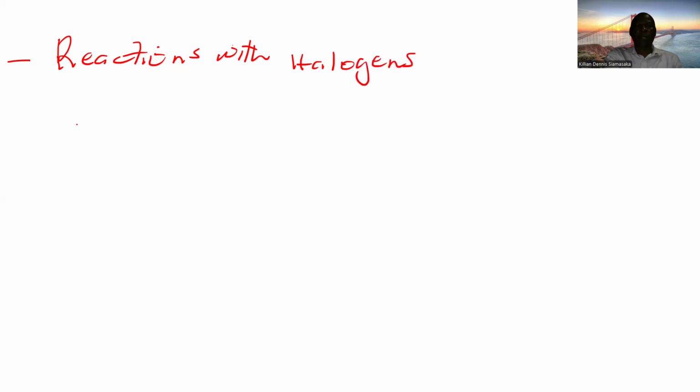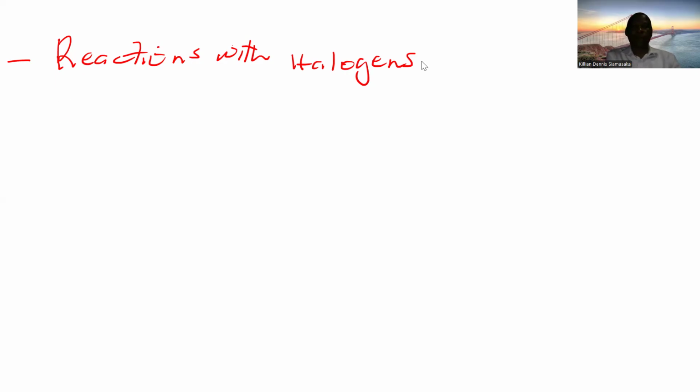Then we can look at the reaction with the halogens. They form salt when they react with group 7.